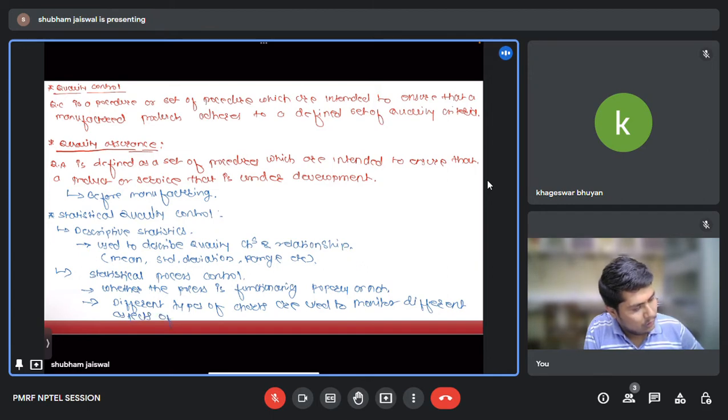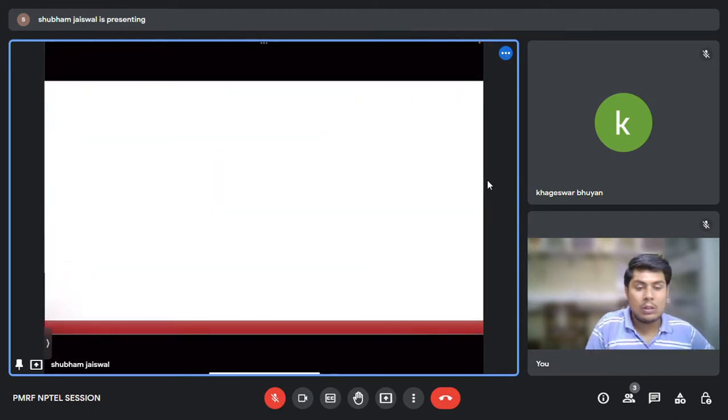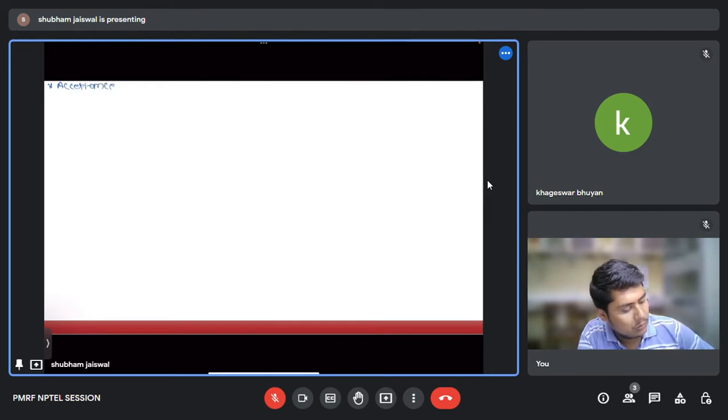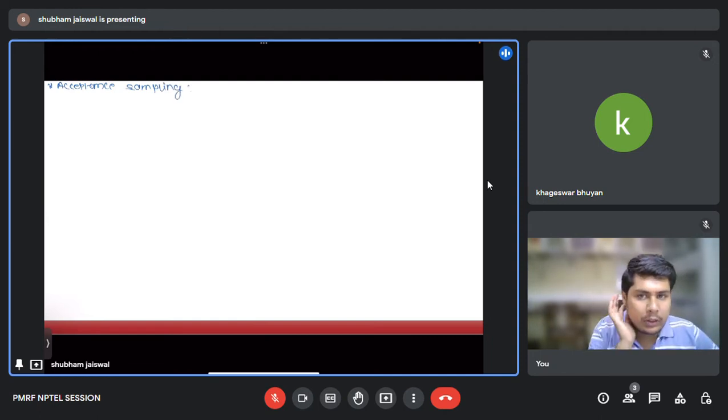The third aspect of statistical quality control is acceptance sampling, which we will discuss later.